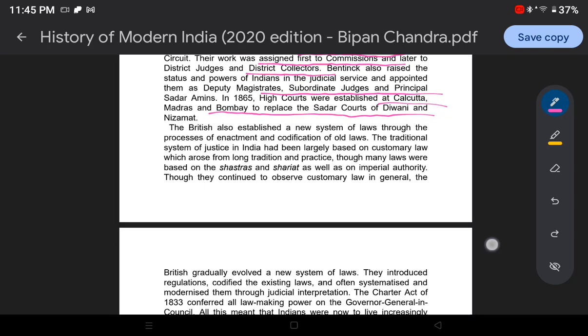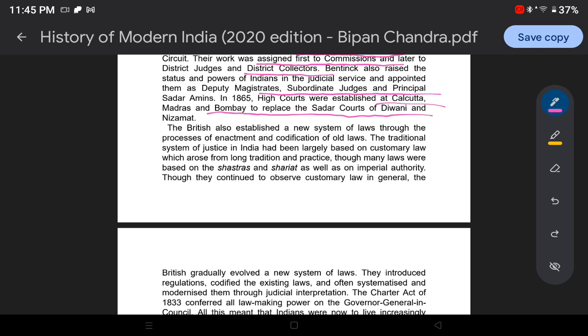The British also established a new system of laws through the process of enactment and codification of old laws. The traditional system of justice in India had been largely based on customary law, which arose from long tradition and practice. Though many laws were based on the Shastras or Shariat as well as on imperial authority, people continued to observe customary law in general.